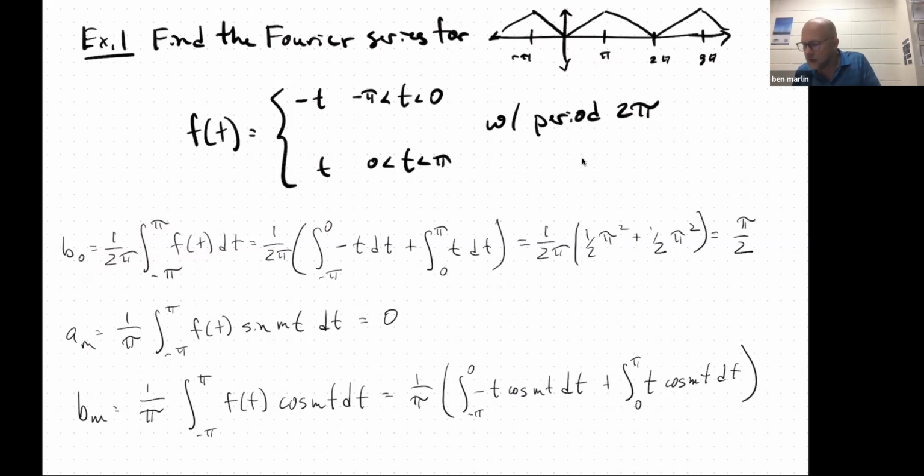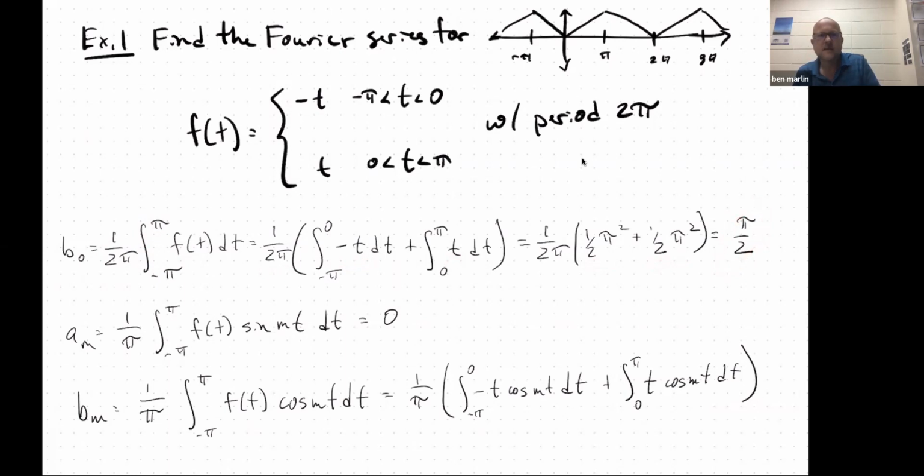I leave this hanging out front, and then from minus pi to 0, it's minus t. From 0 to pi, it's just t. So then I'm just integrating polynomials, so those end up being pretty easy to do. I get 1/2 pi squared for both of those integrals there. So if you do the arithmetic of it, you end up with pi over 2.